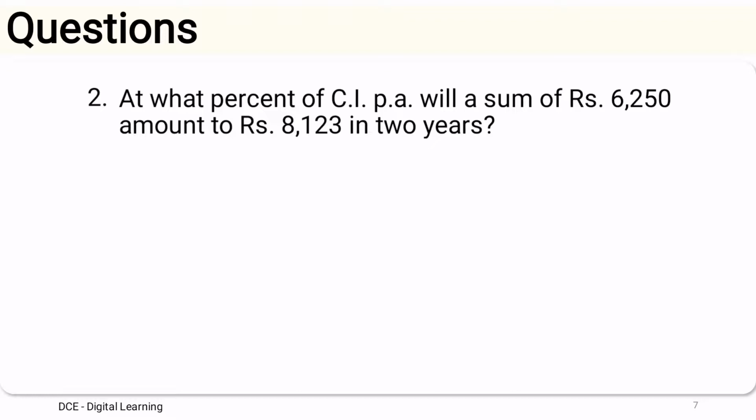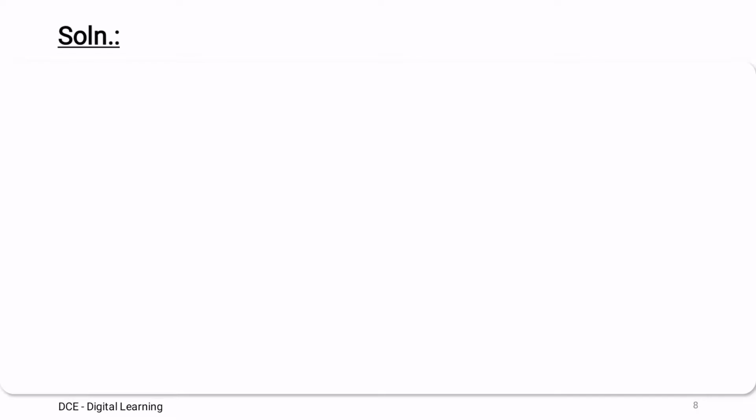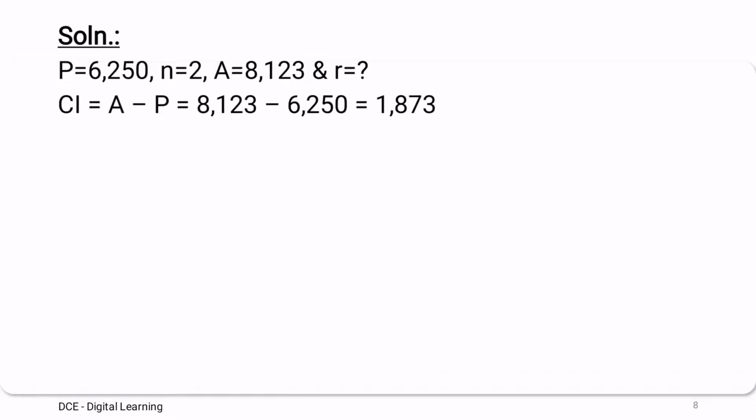We have to find out R, which is the rate of compound interest. So here P is 6,250, n is 2 years, amount is 8,123, and R is the question mark. Compound interest equals A minus P, 8,123 minus 6,250, which is 1,873.